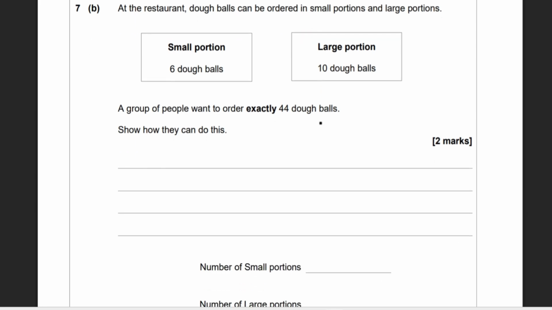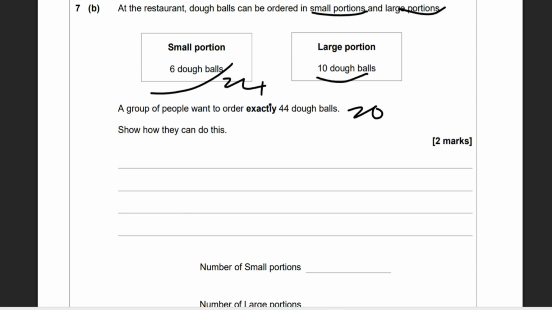7B, at the restaurant, dough balls are ordered in small portions and large portions. A group of people want to order exactly 44 dough balls. How can they do this? So how do you make 44? If you look at it in multiples of 10, 10 times 2 is 20, and 6 times 4 is 24.